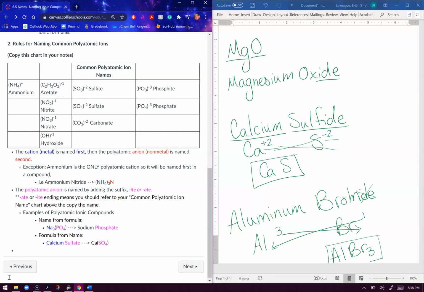Carbon, hydrogen, oxygen, C2H3O2, all of those atom elements together make the acetate ion. NO2 is nitrite, NO3 is nitrate. So these are the names for those ions. Just like magnesium is Mg, SO3 is sulfite.